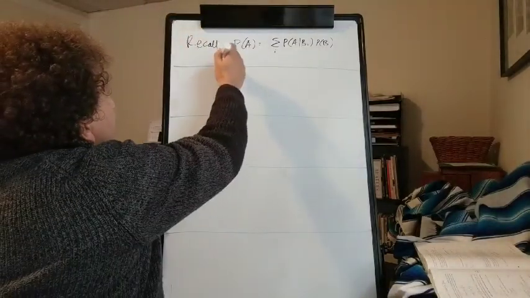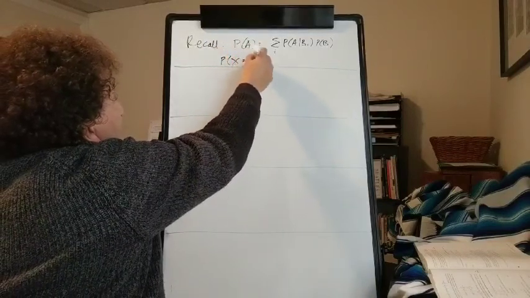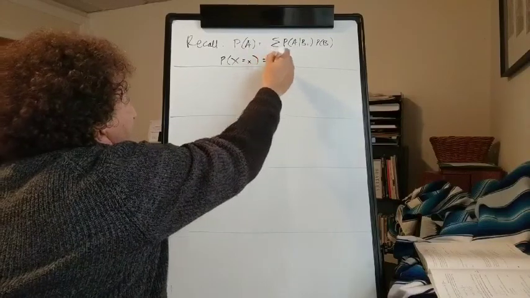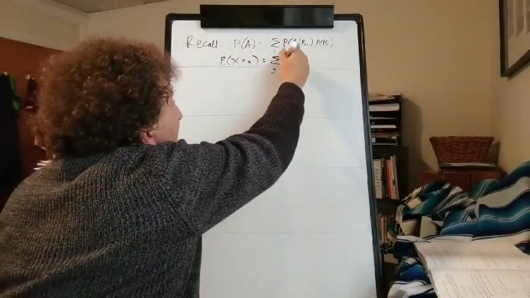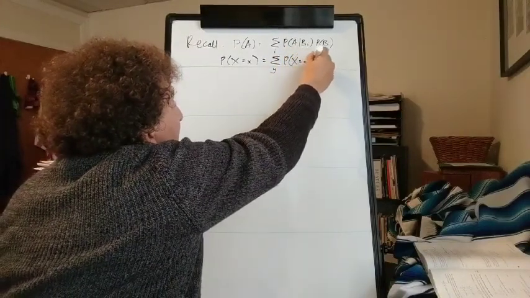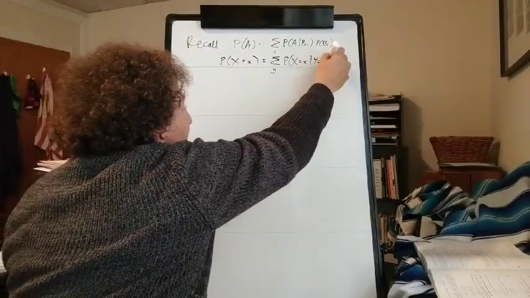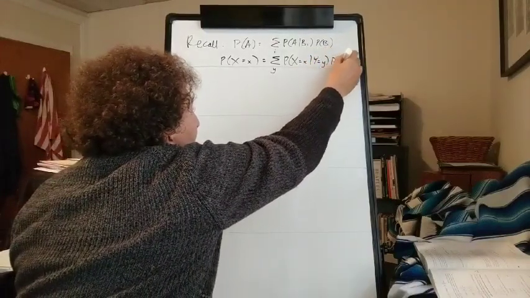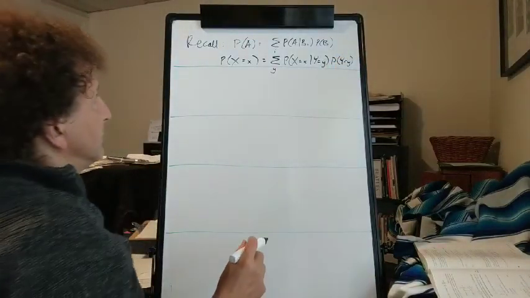And a variation of this is the probability that a random variable X takes a value little x. We can write this as the sum of the probability that X equals little x given some other random variable capital Y equals little y, times the probability that capital Y equals little y. So this is the same thing.